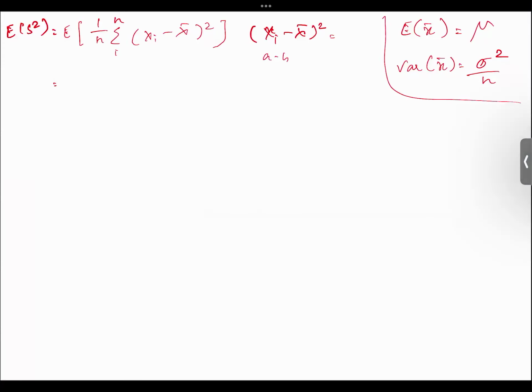Let's expand it in terms of mu. So in that case, what will you do? xi minus mu plus mu minus x bar, the whole square. You just add these two terms here.